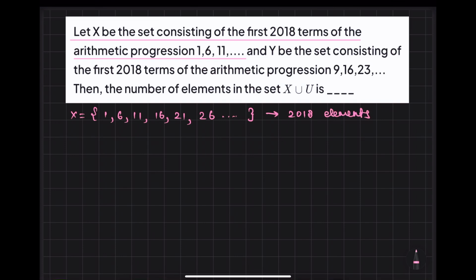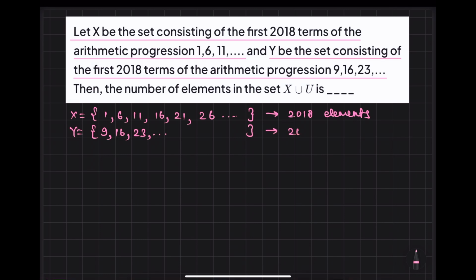Now, let Y be the set containing the first 2018 terms of the arithmetic progression. So there is another set Y which contains the same number of elements and which is also an AP whose terms are 9, 16, 23 and so on.